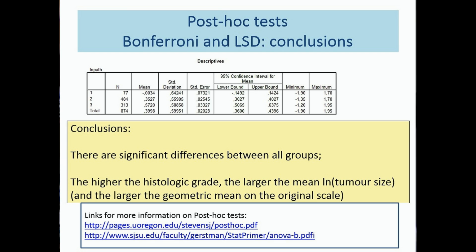The higher the histologic grade, the larger the mean of the log of the tumor sizes. From that we can conclude that there is a significant difference in geometric means on the original scale. If you want to know more about post hoc tests, you can find information on the internet, for example by using these links.